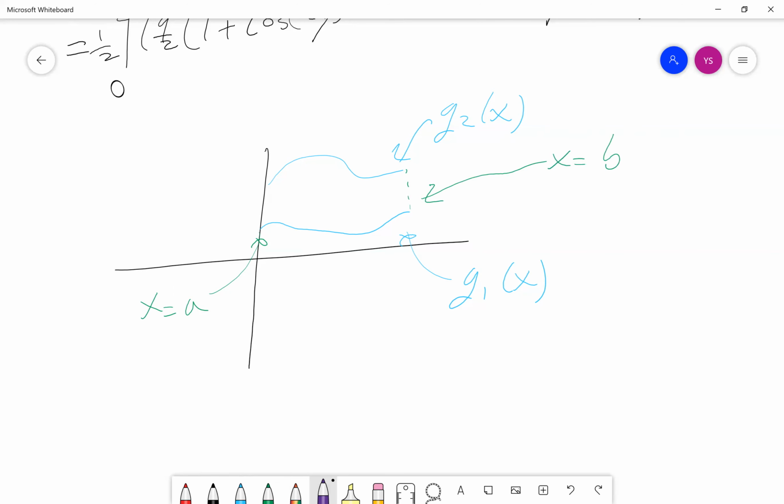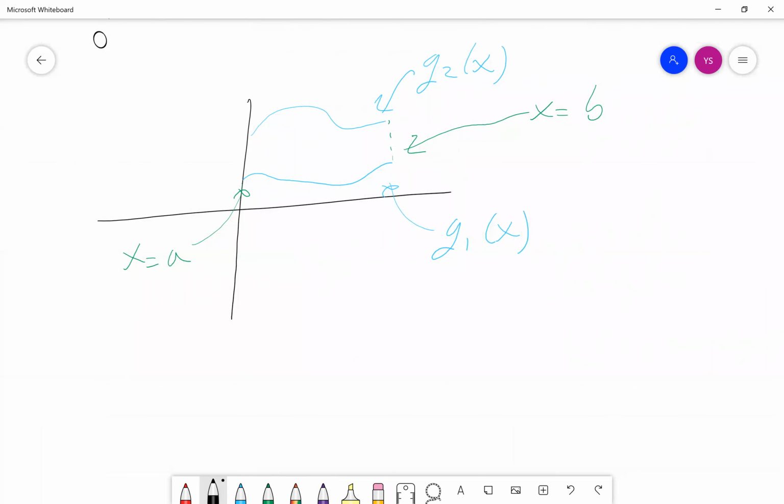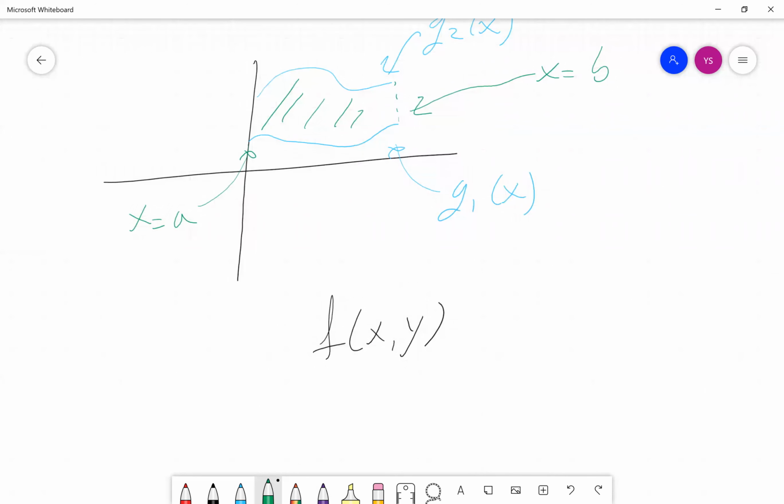And you want to know what is the volume of the function f(x,y) above this region, with these specific curves. So our x is bounded from some amount to another amount, but our y is bounded in terms of functions.